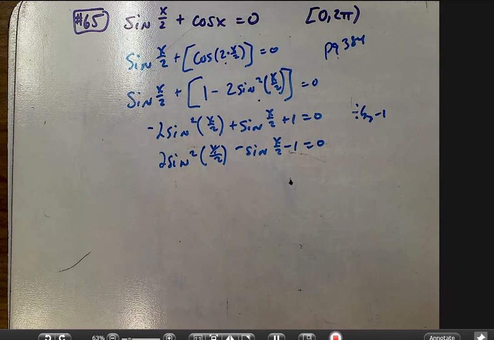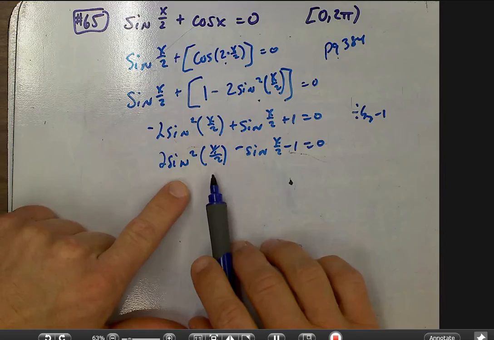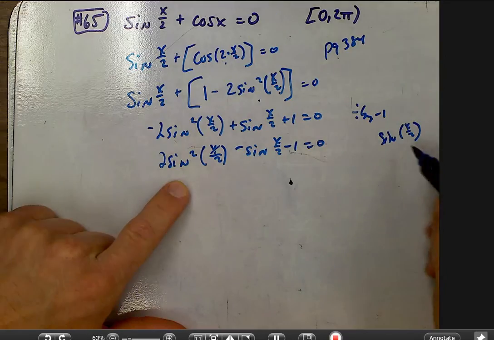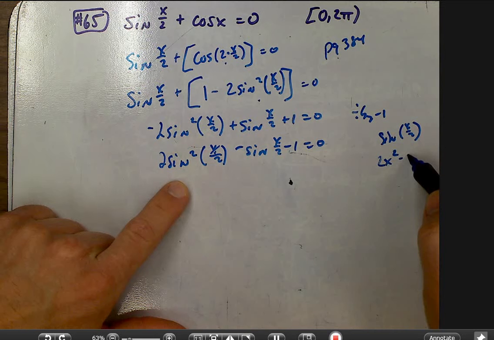Excuse me. This looks kind of hard, but you can factor this. So I'm going to replace the sine of x over 2 with x, so it'll look like this: 2x squared minus x minus 1.